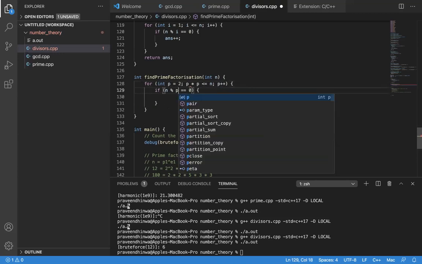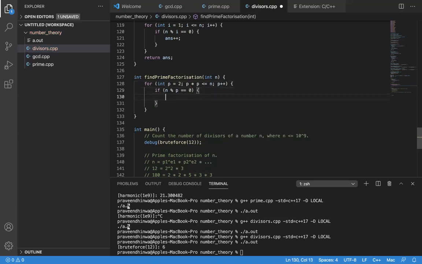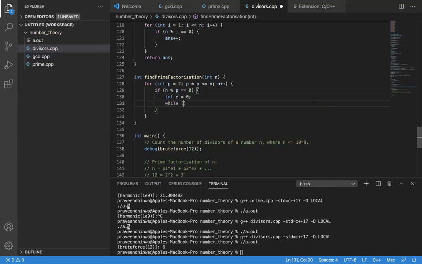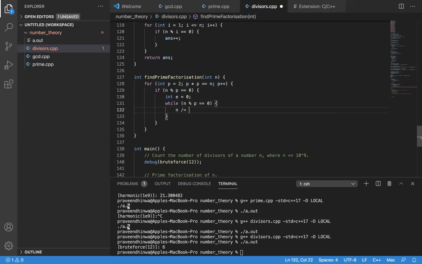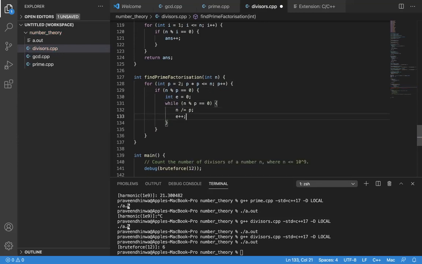If n % p is 0, then I know that p divides n. But p might divide n multiple times. So let me just keep dividing n by p till it is divisible by p, and e plus plus.